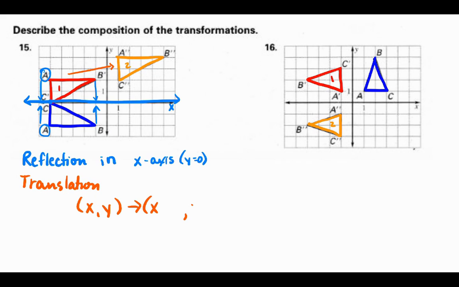So if we do coordinate notation, we're going to figure out how to go from one to the other. So I have to go up 2 spaces, and I have to go right 6 spaces. The horizontal goes with the x, so right 6 is an addition of 6. The vertical goes with the y, so up 2 is a plus 2 with the y coordinate.